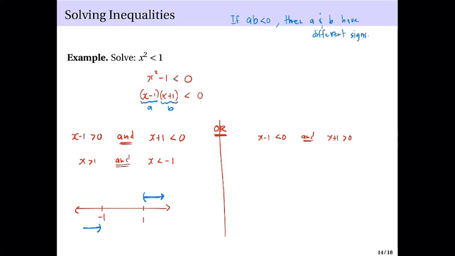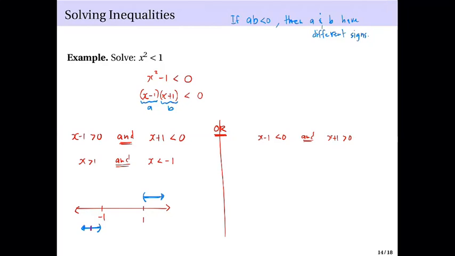All x's less than negative 1. But look, you want and. You want and, meaning it must be satisfied by both inequalities here. If I get my x somewhere here, okay, it is satisfied by this inequality, but not this inequality.